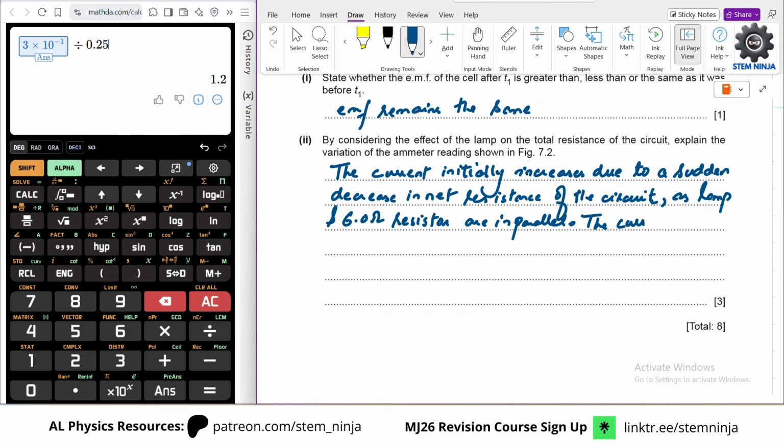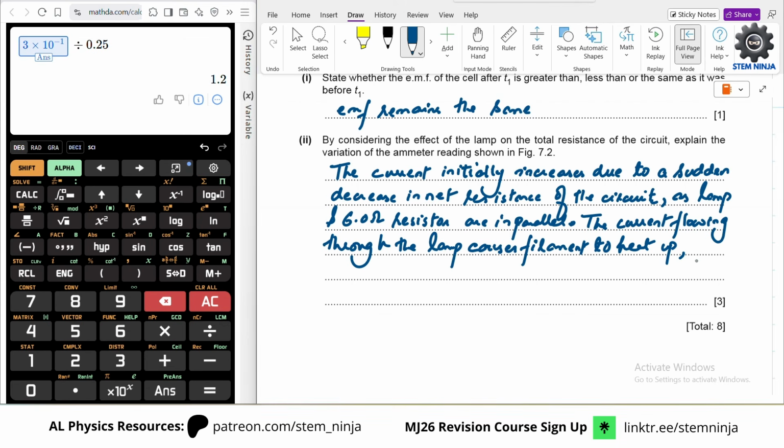The current flowing through the lamp causes filament to heat up and cause the net resistance of the circuit to rise gradually.